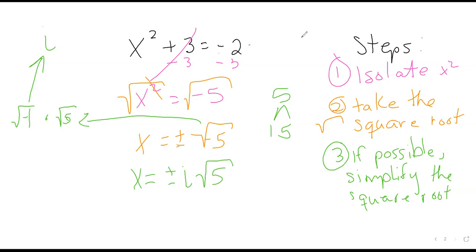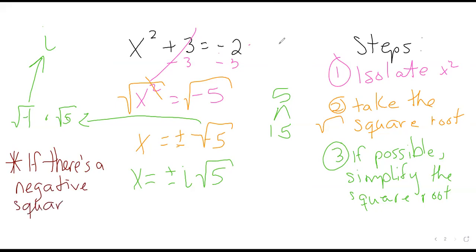Okay, so we'll put a little star with a note. If there's a negative square root, take out the i. Okay.